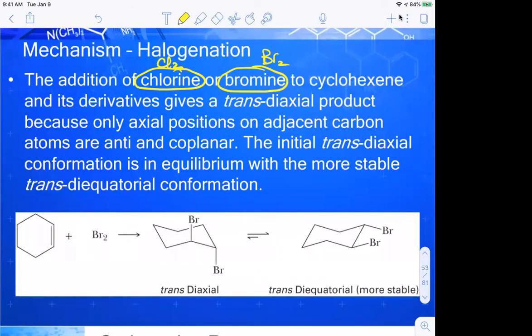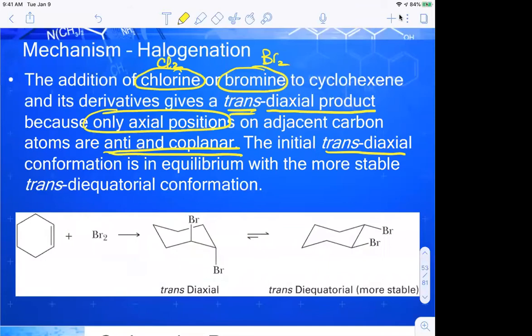What I'm going to get is a trans diaxial product. Only the axial positions adopt this necessary anti-coplanar orientation.